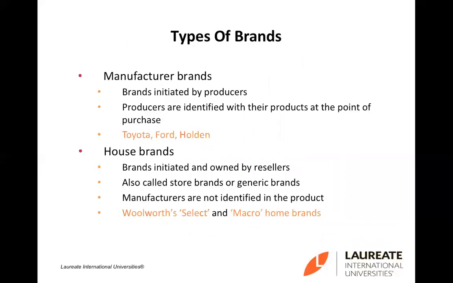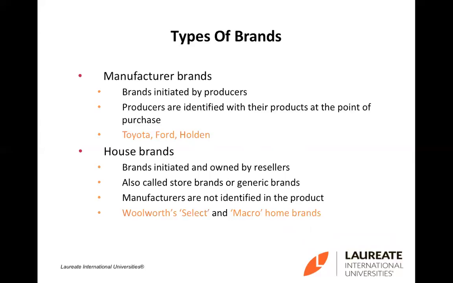Just briefly about types of brand, we have manufacturer brand or national brand. And the next one is house brand or private label. Well, these two brands basically have their own strengths and weaknesses. The national brands would normally be supported by nationwide distribution because they don't have limitation in terms of distributing their brand.